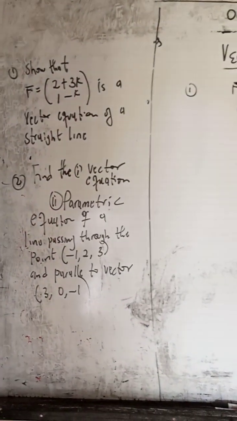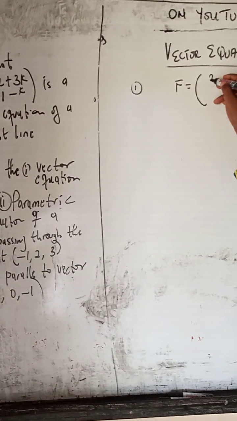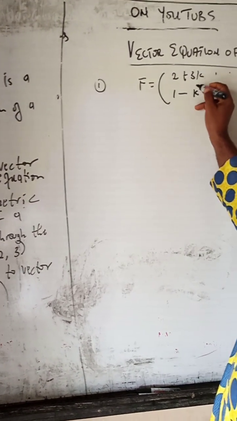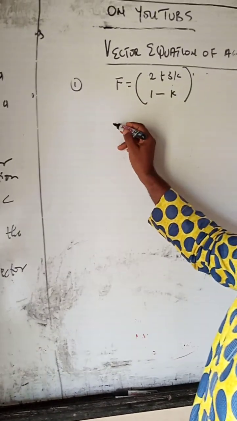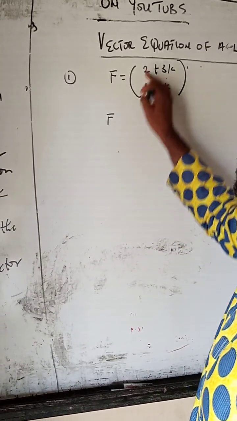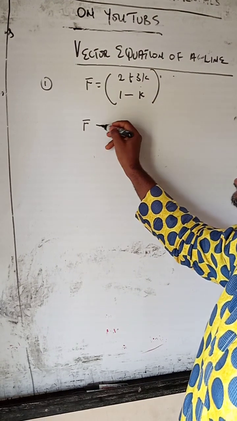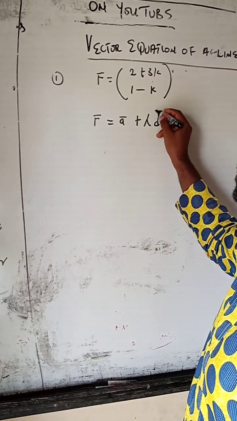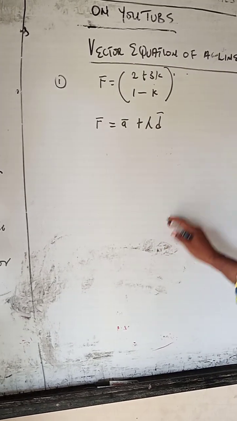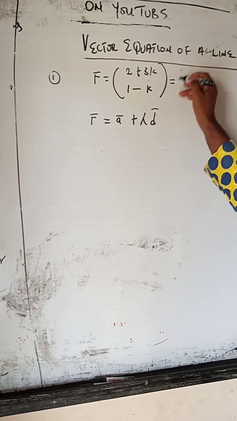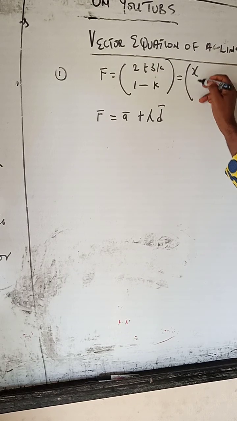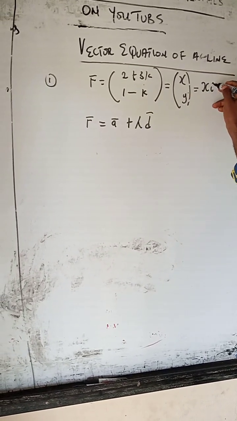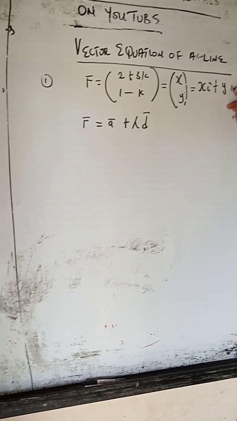We are given this vector to show that it is the vector equation of a straight line. We should remember at the back of our mind that the vector equation of a line is given as vector A plus scalar multiplication of a vector B. Now, this particular vector that we have here is similar to writing it as (x, y), and this one is similar to writing it as xi plus yj.